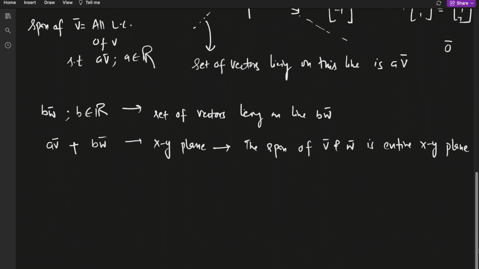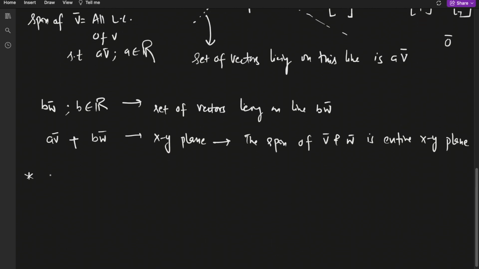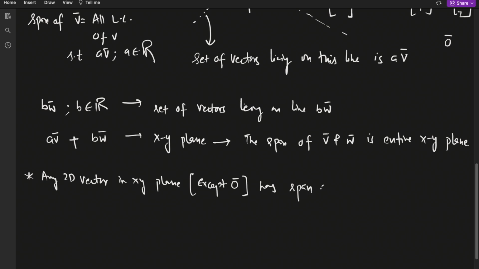So the main thing you need to remember here is that any 2D vector in the xy plane, except the zero vector, which is an exception case, has a span that is a line passing through that vector.